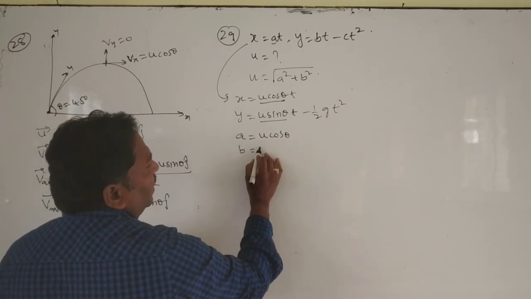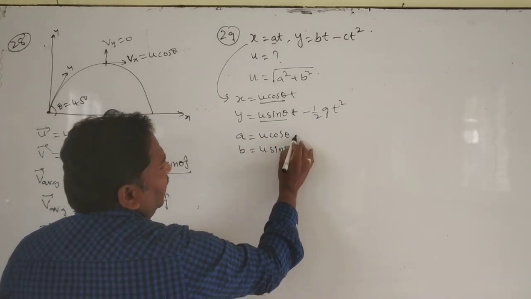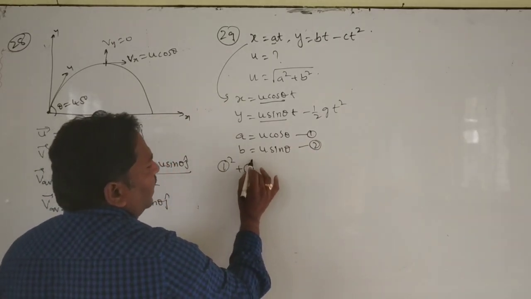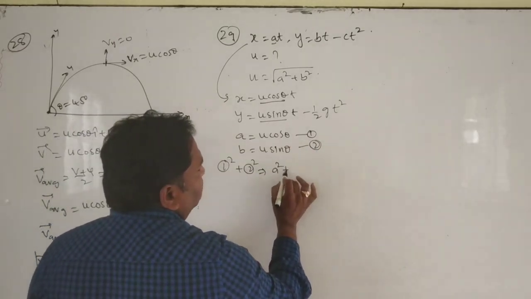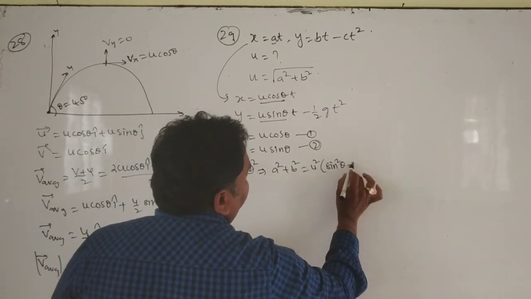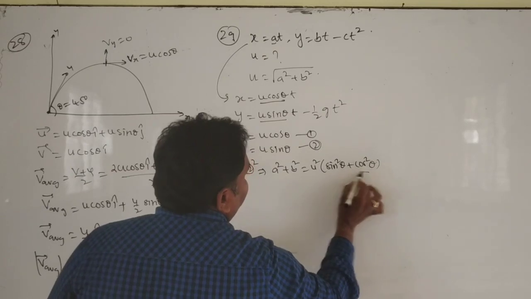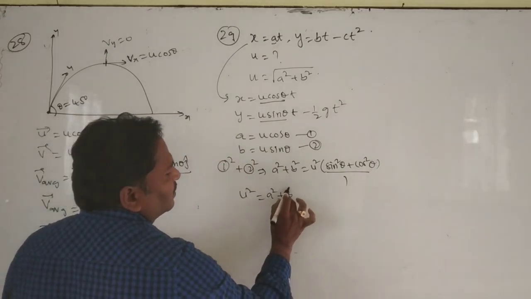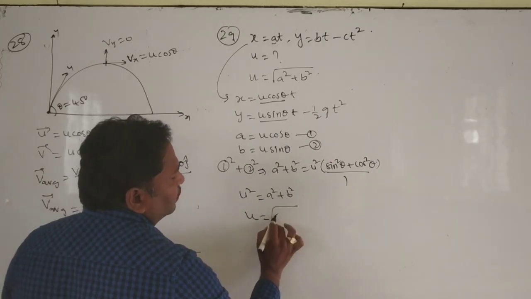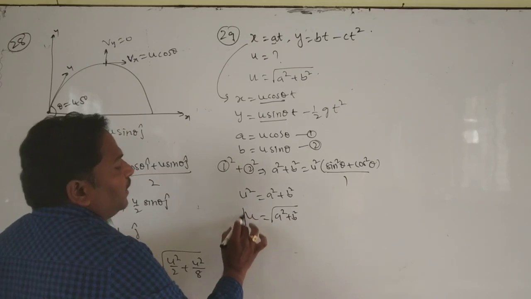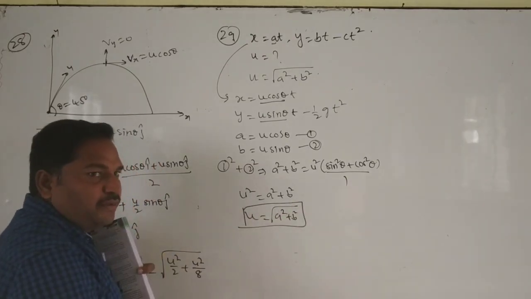Squaring equation 1 and equation 2 and adding, a square plus b square equals u square into sin square theta plus cos square theta, which becomes 1. So u square equals a square plus b square, and u equals root over a square plus b square. Similarly, we can find the maximum range formula.